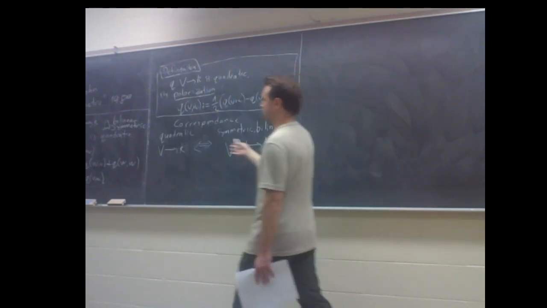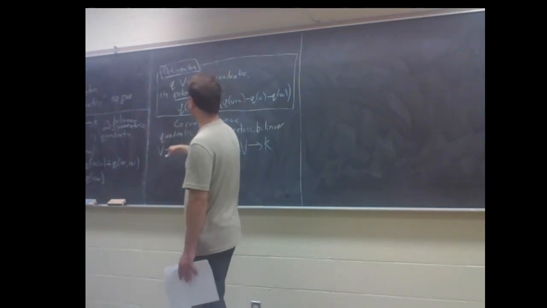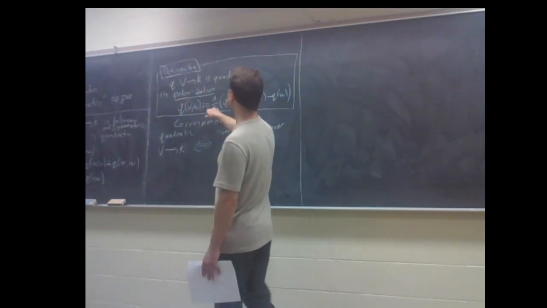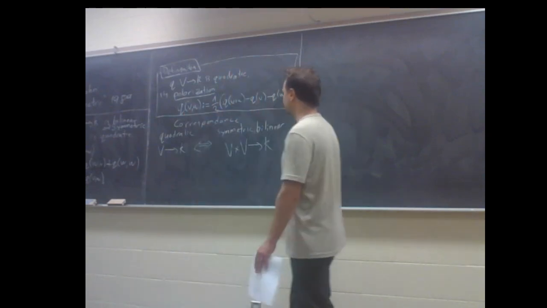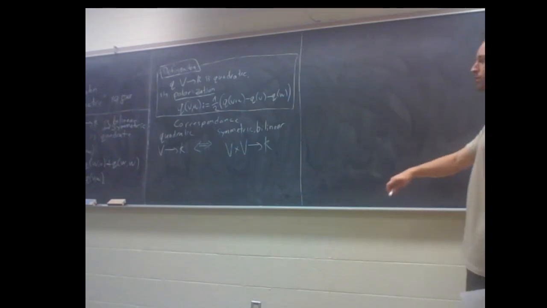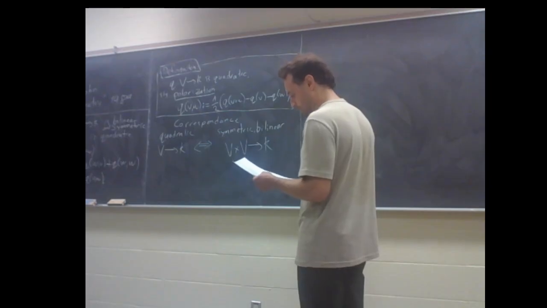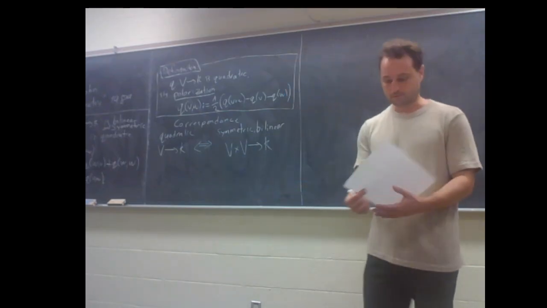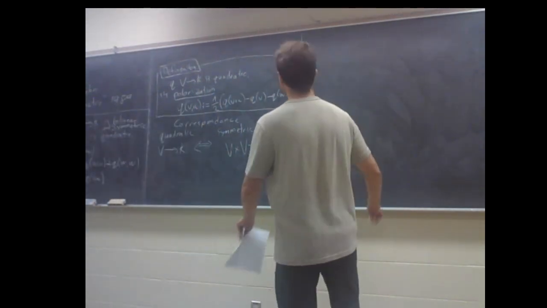Given a symmetric bilinear one, you get a quadratic one by that formula. Given a quadratic one, since we can invert 2, we uniquely get the symmetric one by this formula. So this is a bijection. A lot of the time we're going to bounce back and forth between our quadratic form and the polarization and treat it like the same entity. Okay, that's the end of the first page.